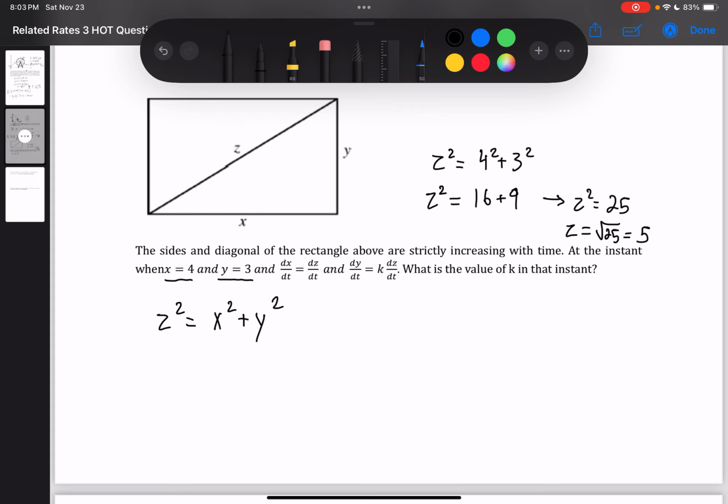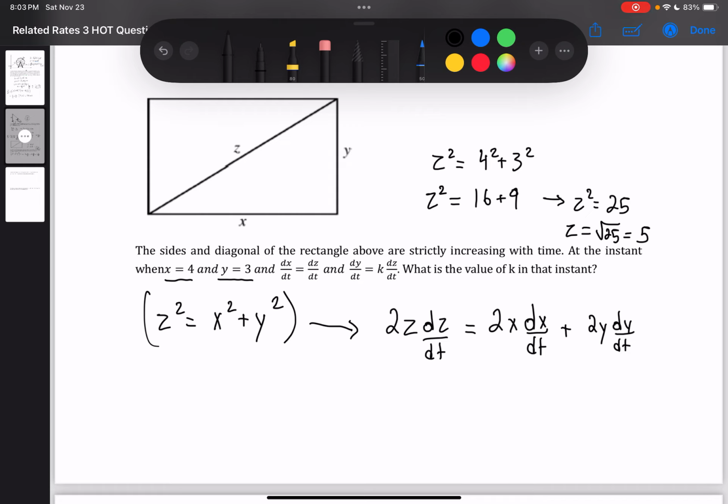So now proceeding with the question, it is easier for me to find the rate over here because deriving this equation, you're going to get 2z dz over dt equals 2x dx over dt plus 2y dy over dt. I'm not going to write z prime in this just to change things up.